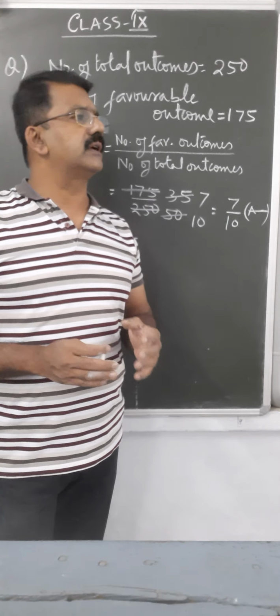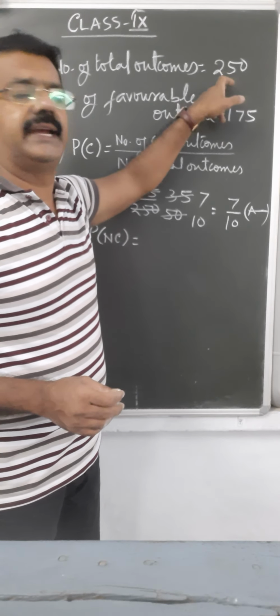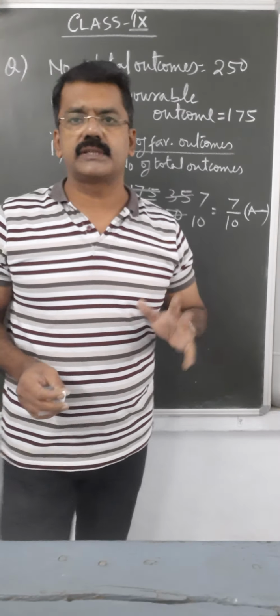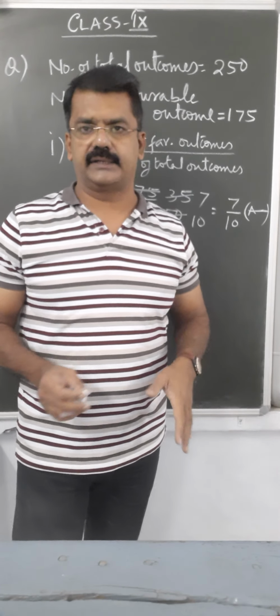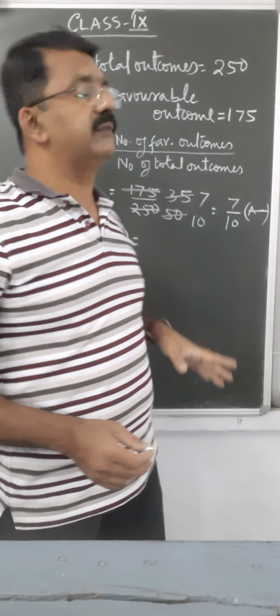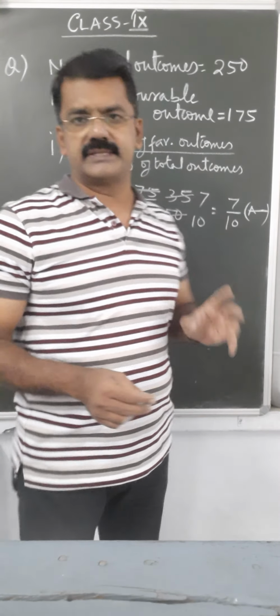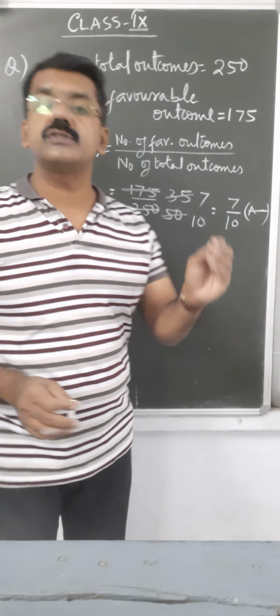But now you see, out of 250 days, 175 days the forecast was correct. So how many days was it not correct? 250 minus 175, that is 75. So on 75 days, the forecast was not correct.